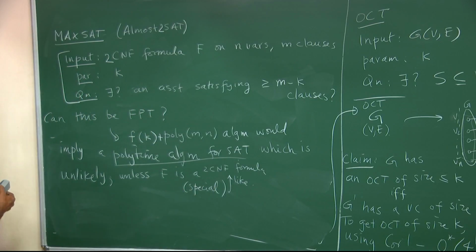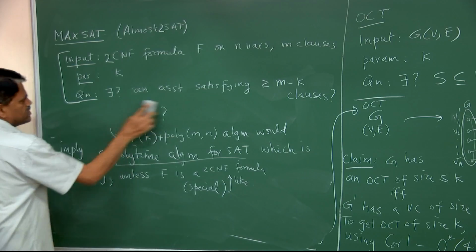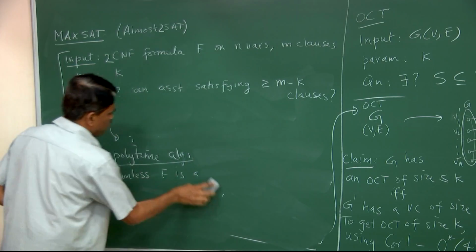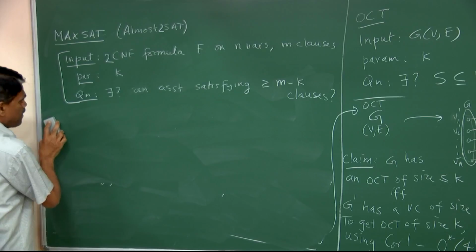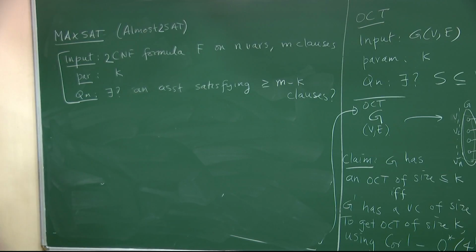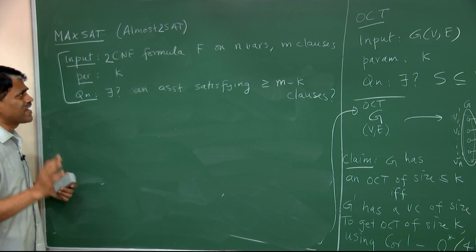So now let us look at this question. This is my question now: given a 2 CNF formula where every clause has exactly 2 literals, let us say exactly.